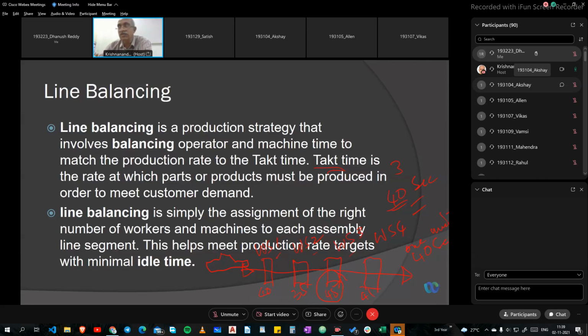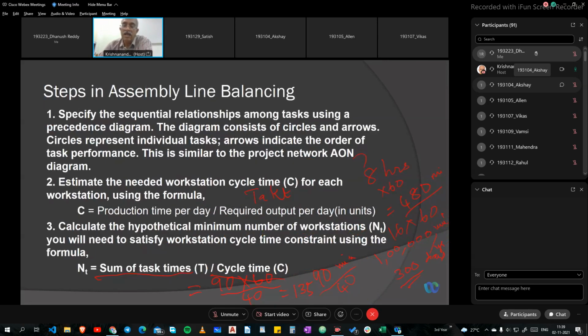Henry Ford might have used around 135 workstations to realize one at a takt time of 40 seconds, where the total assembly took around 1.5 hours.